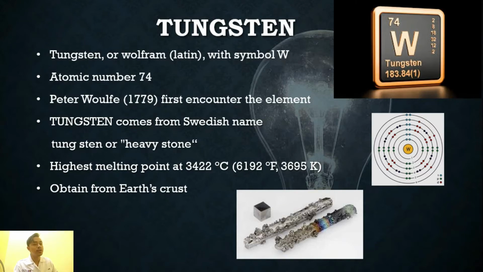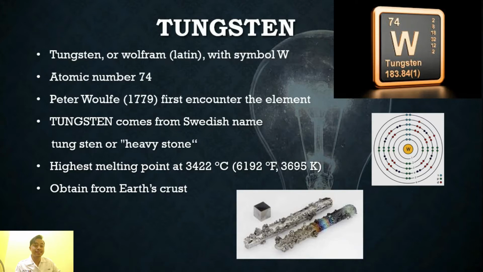When we observe its characteristics, we can figure out what this metal could be used for. From the start, I already told you that it is a heavy metal with a high melting point, and it is pretty rare.